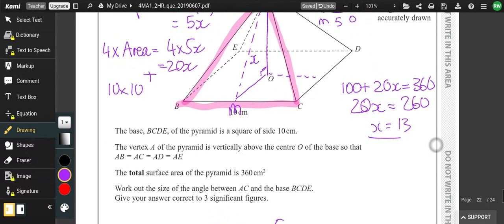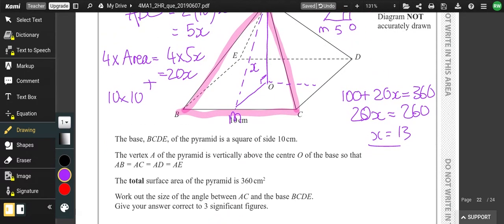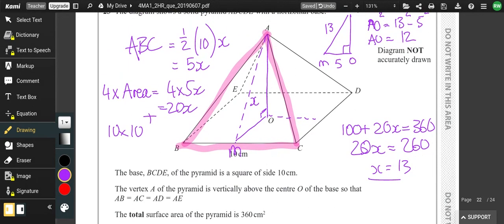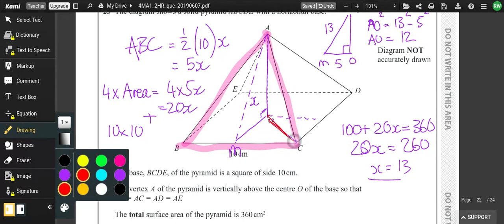Work out the size of the angle between AC and the base BCDE. So we now need that. Let's just do that in red. We need that length there. We've got this here. And we should be able to find out the angle now. So AO is 12. We need OC.